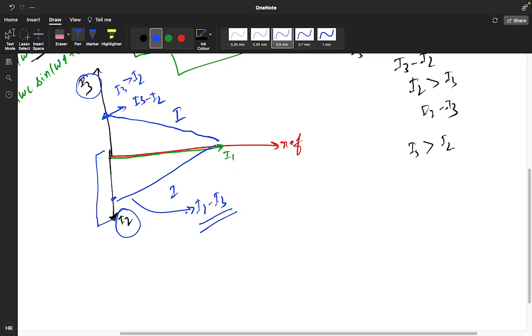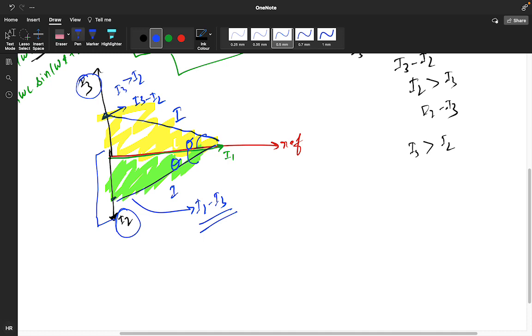And where will be the theta? If this particular thing is happening, for this, theta will be here. And if this particular thing is happening, so you will get theta particularly this side.